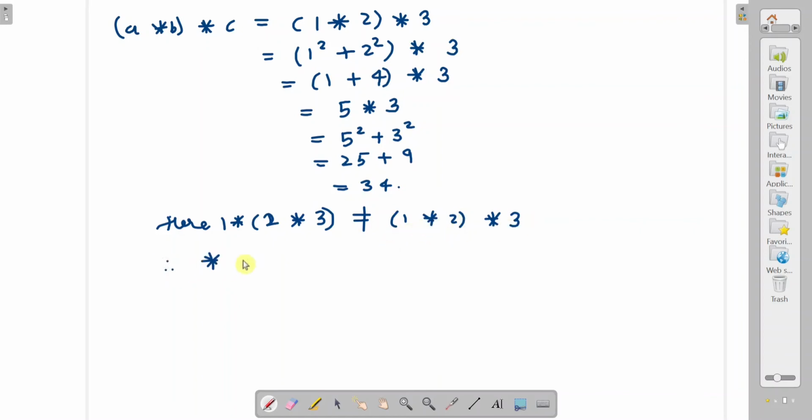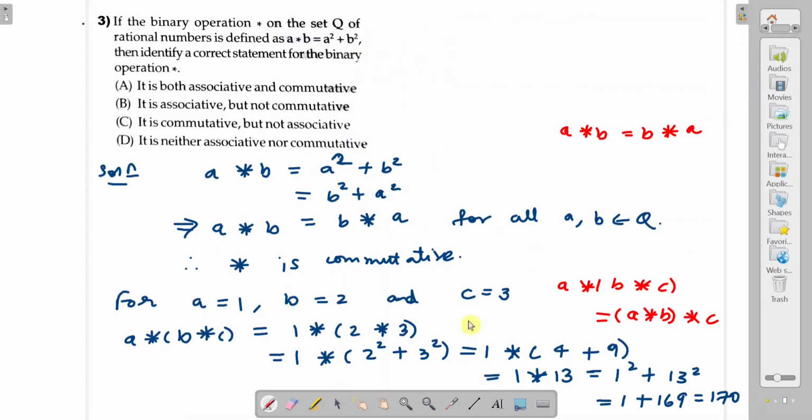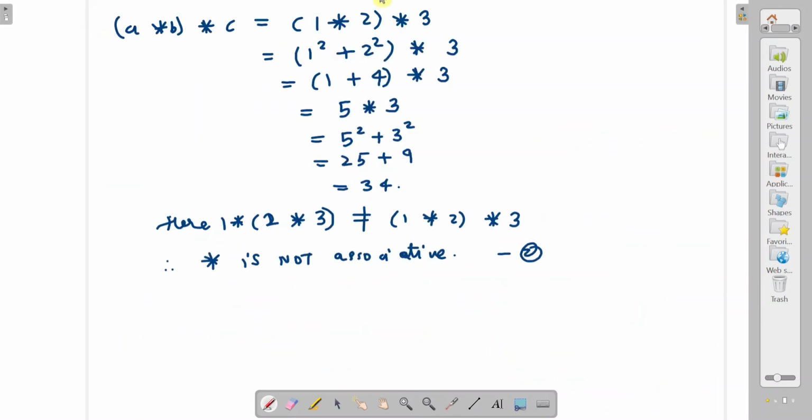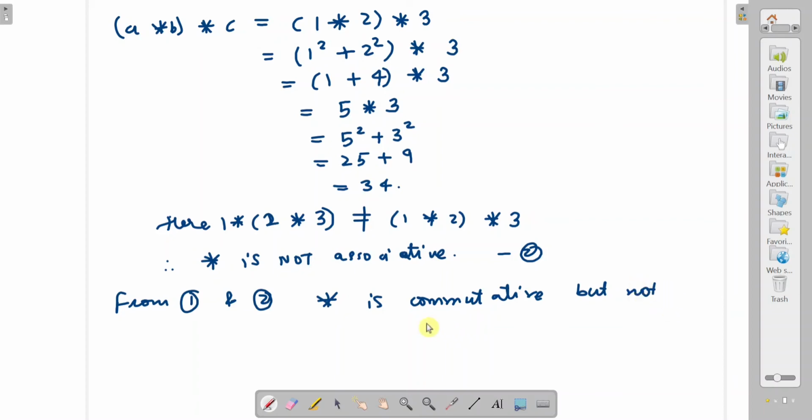Therefore star is not associative. If we call this 2 and the first conclusion 1, the first one is star is commutative, and the second one we got star is not associative. So if we combine them, from 1 and 2, star is commutative but not associative, right? But not associative.